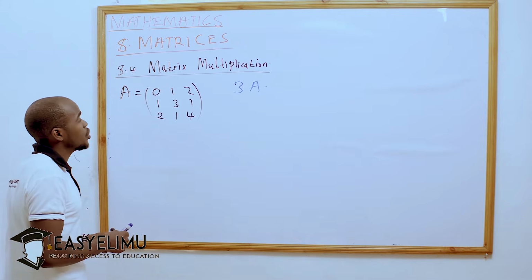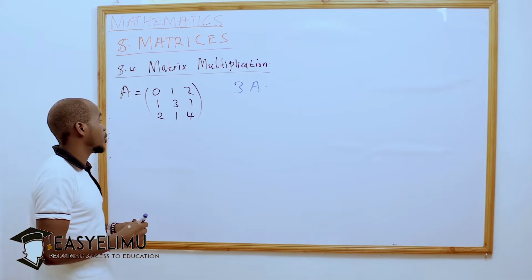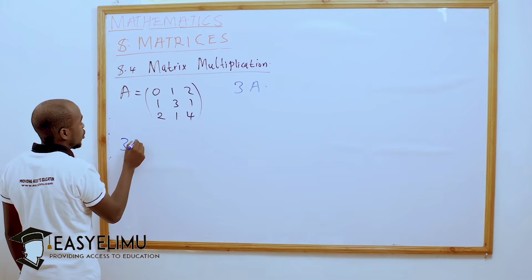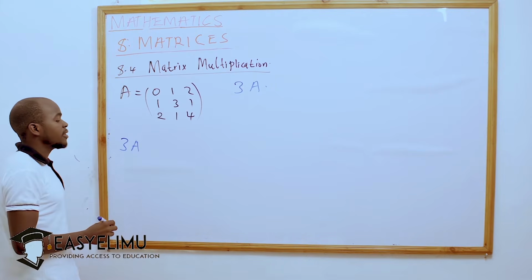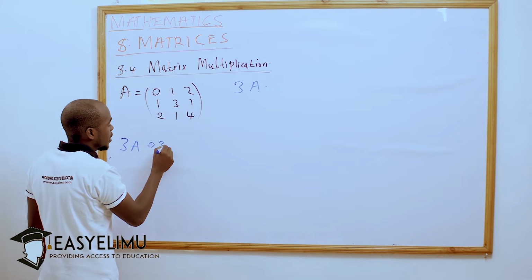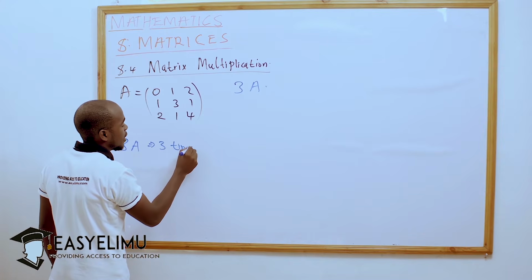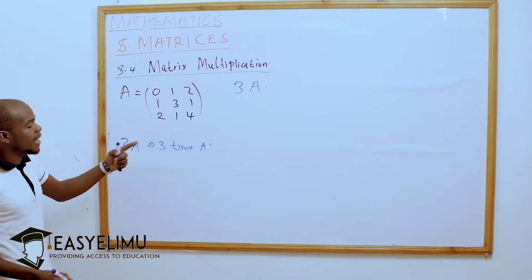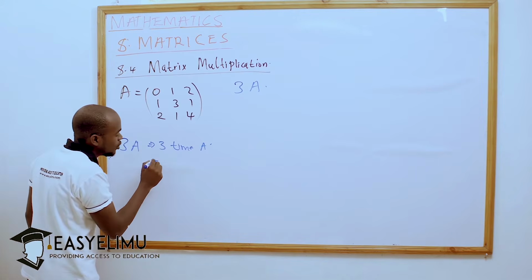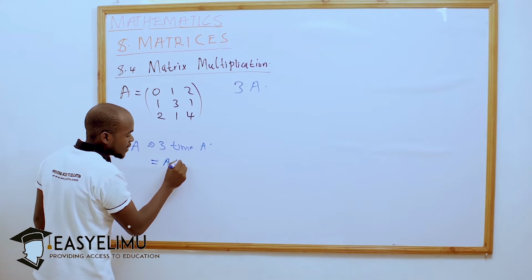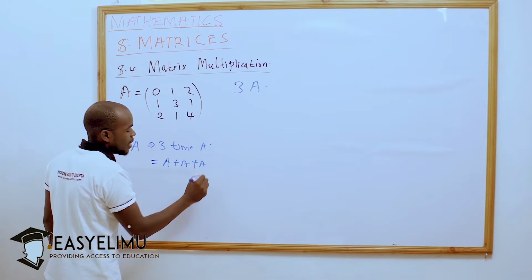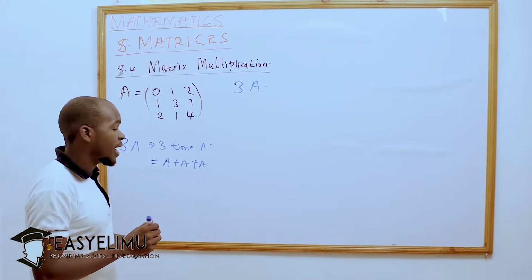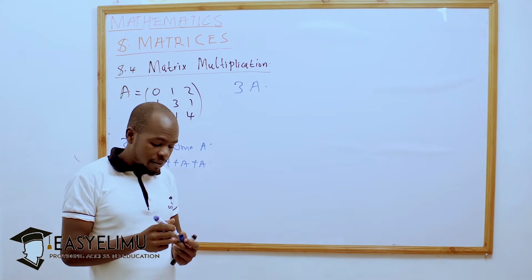If you are being told to find 3A, this means 3 times the matrix A. If that is the case, then it is the same as doing A plus A plus A, meaning that we are going to sum up the matrix A 3 times.